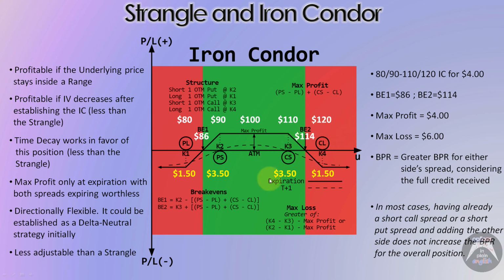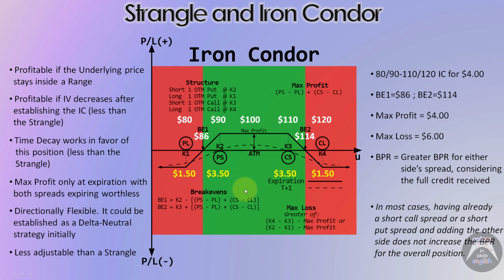If you want to adjust one side, or let's say you want to roll it out to the next month, you have to close the whole iron condor, four individual legs, and then reopen them on the next month, another 4 legs. So it's 8 times that you go through the bid-ask spread, and that's going to become a greater amount of slippage, and slippage, of course, hurts your results and your returns at the end of the day.